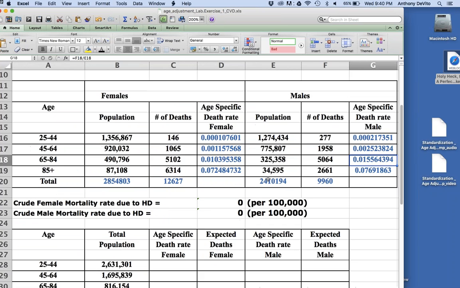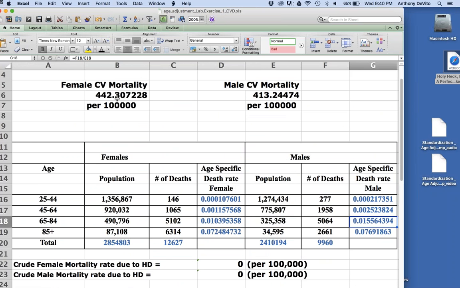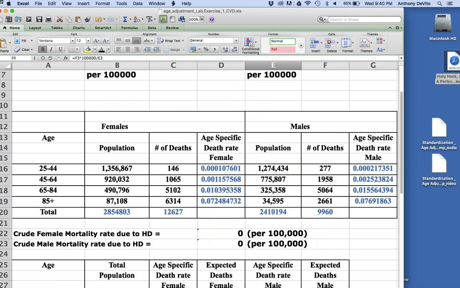Why would we get this 442 versus 413, a higher rate for male mortality? Either one of you guys want to kick in there and let us know why you think that might be occurring? What's the difference in these populations, do you think, that would make it appear that females are at a higher cardiovascular disease rate?